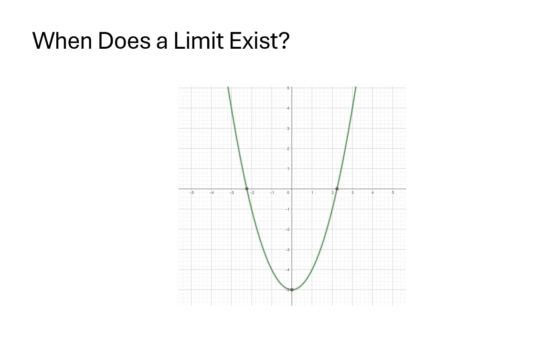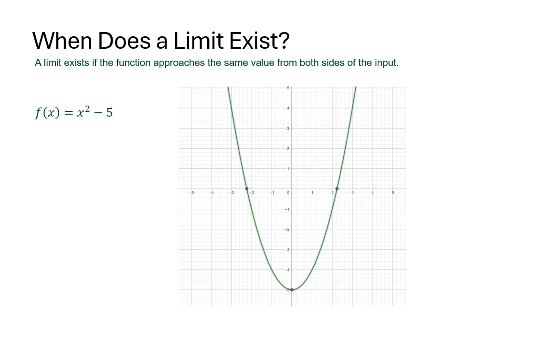So when does a limit exist? A limit exists if the function approaches the same value from both sides of the input, like in our previous example, where it approaches the same value from the left hand side and from the right hand side. For instance, this is a plot of the function f of x equals x squared minus 5. Let's look at the limit as x approaches 3.